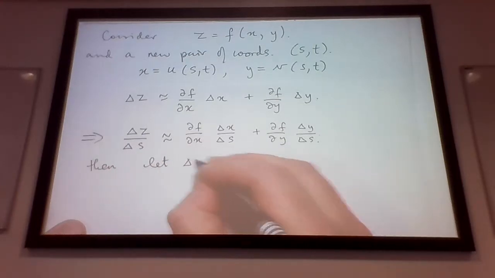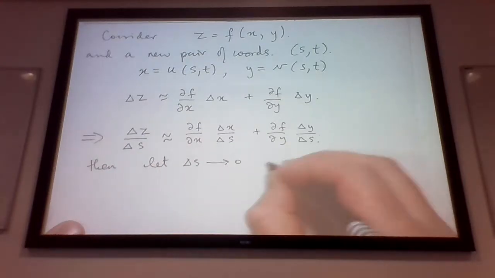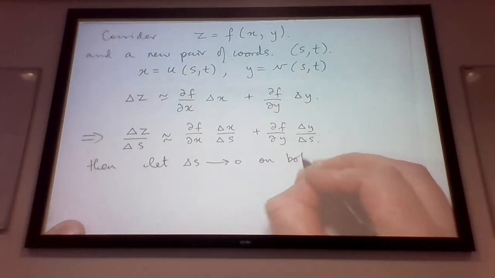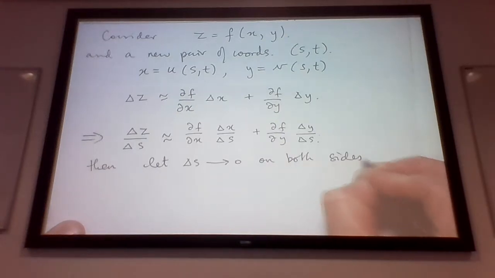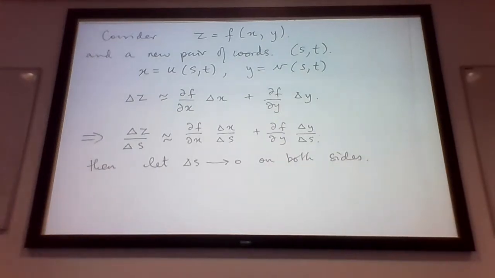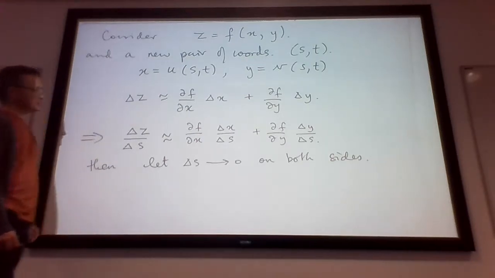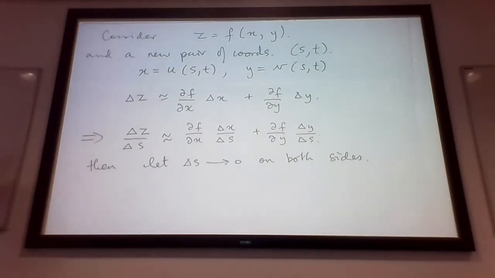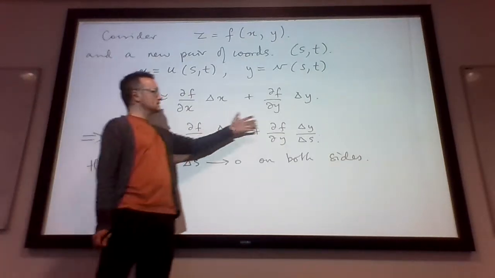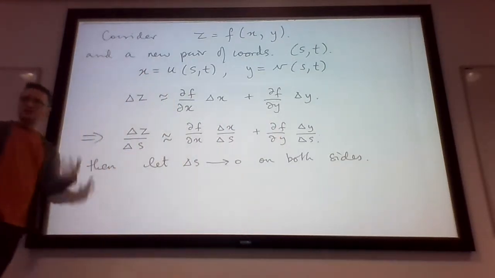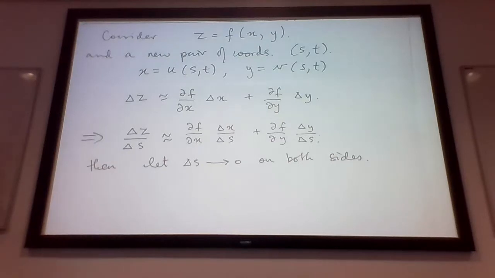We then let delta s converge to 0 on both sides. There are some technical details I'm skirting over, but the quantities df dx and df dy are unchanged. They're just the partial derivatives of f evaluated at a certain base point.